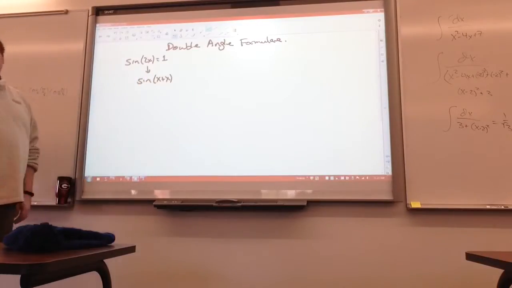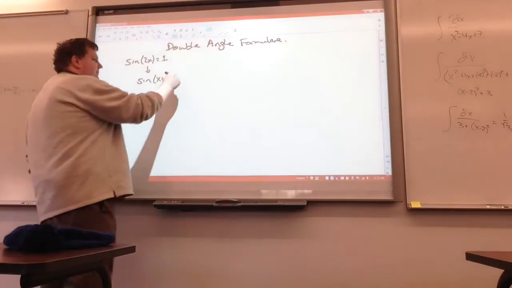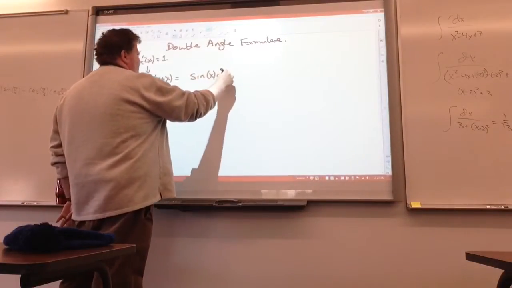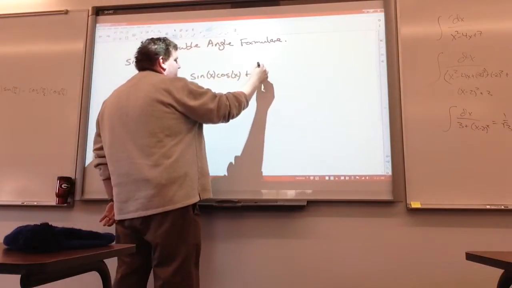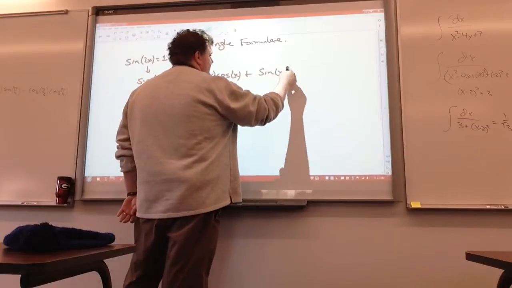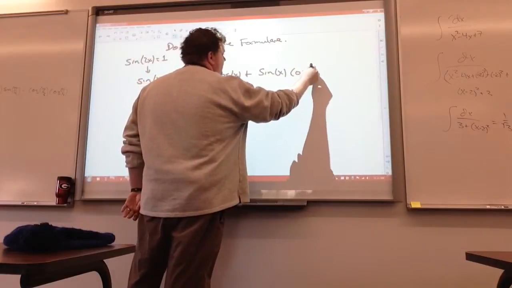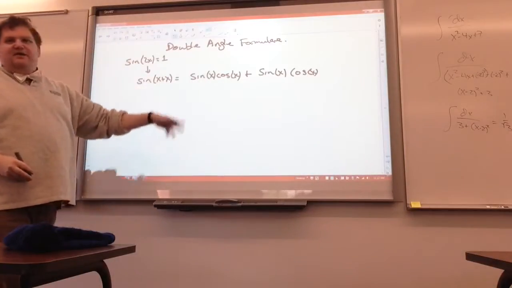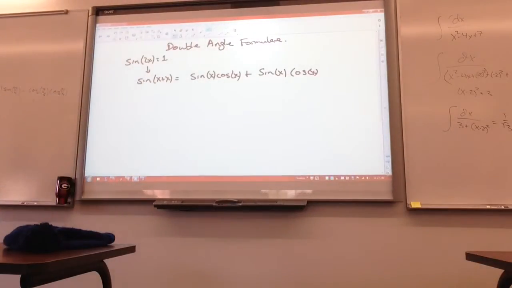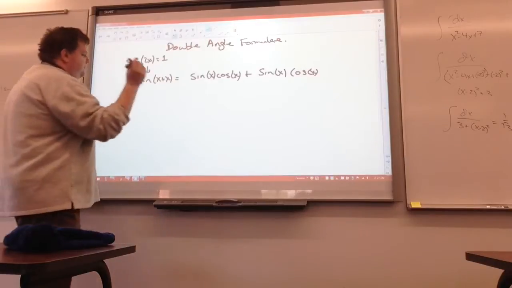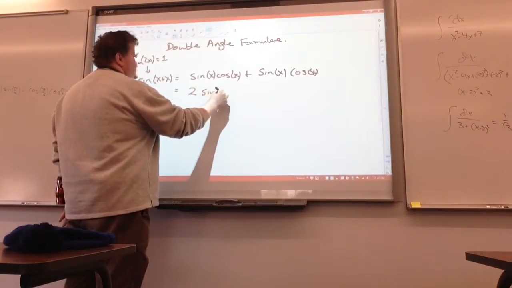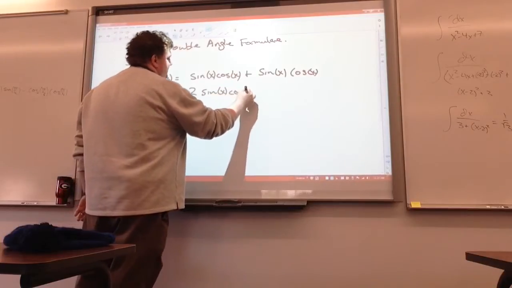Now if I apply the sum and difference formula to this, what do I get? I would have the sine of x cosine of x plus sine of x cosine of x. You could say I'm flip-flopping, but it's the same letter, so it comes out the same way for both, which comes out to be, as you said, Jackson, 2 sine of x cosine of x.